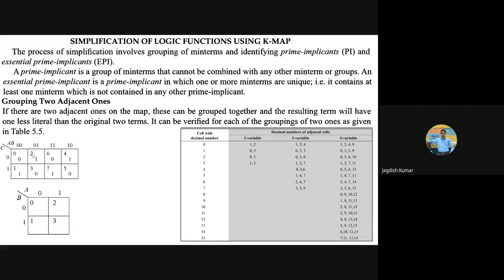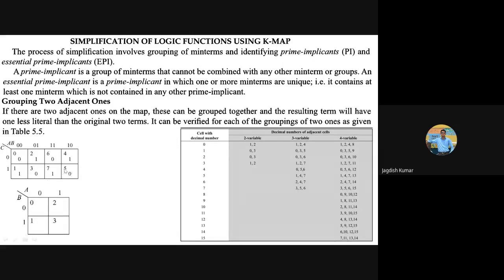Then 0 can be combined with 2 as well. That is another pair. 0 can also be combined with 4. This is actually a neighbor of this, because these are at the extreme ends. So if there is a 1 here and a 1 here, there can be a pair. How those pairs lead to simplification will be clear shortly.